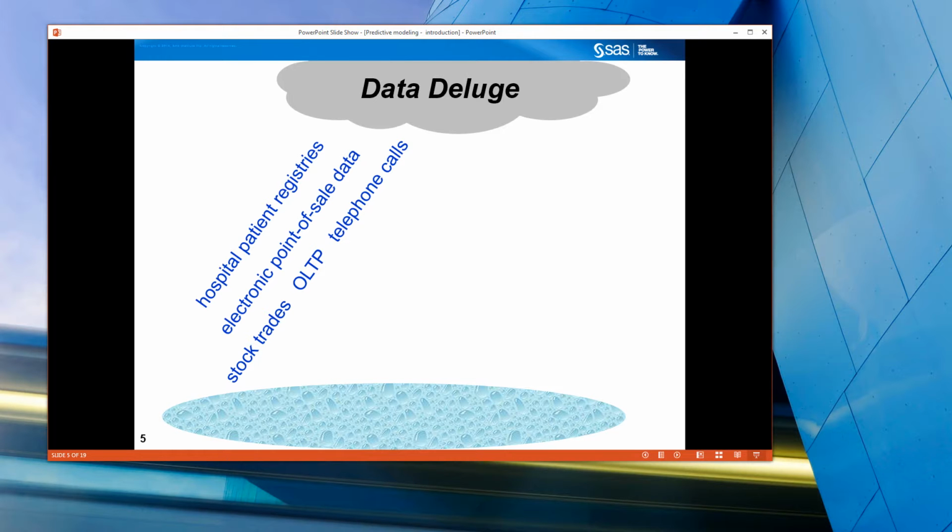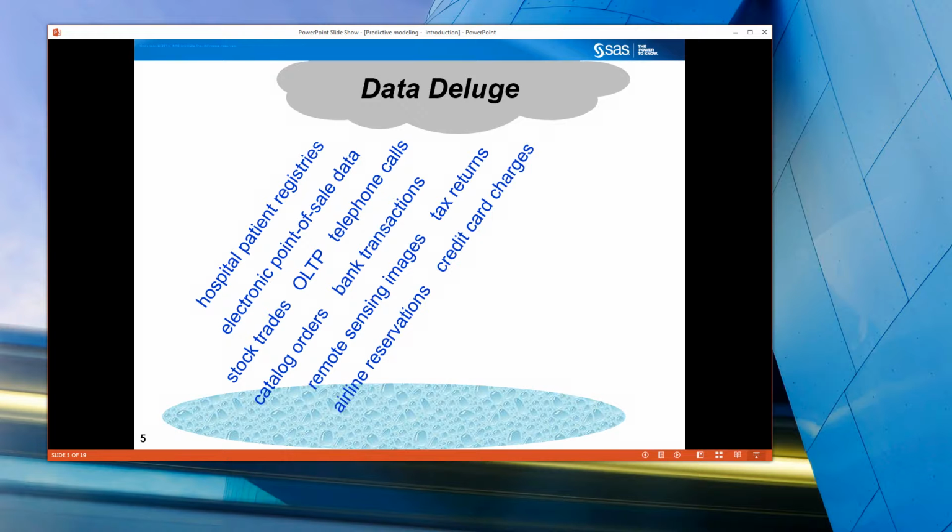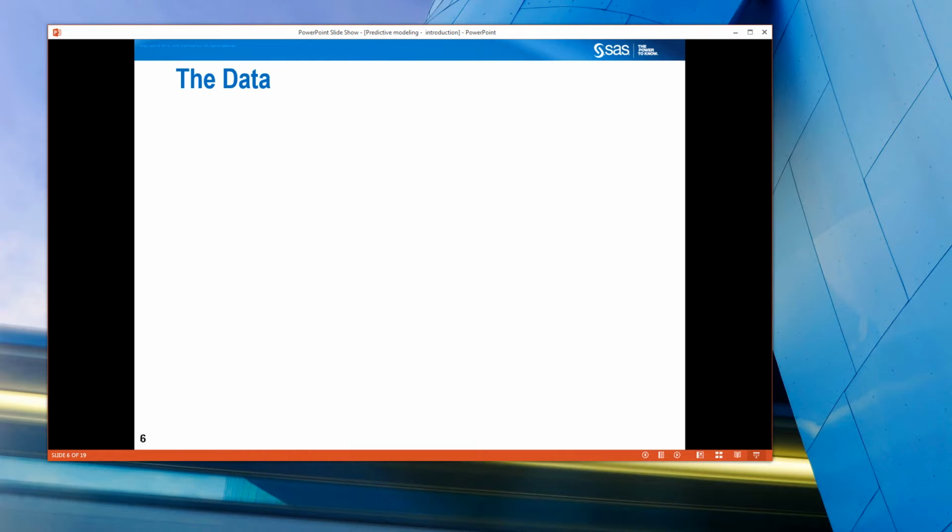There are a lot of online transaction systems, telephone calls being made and received, and all this data gets stored to servers and can be retrieved and analyzed, and catalogs for online stores, bank transactions that customers make, and there are satellites sending out remote sensing images. There's tax data and airline reservations, and lots of different ways that data keeps coming in. So there is no shortage of data.